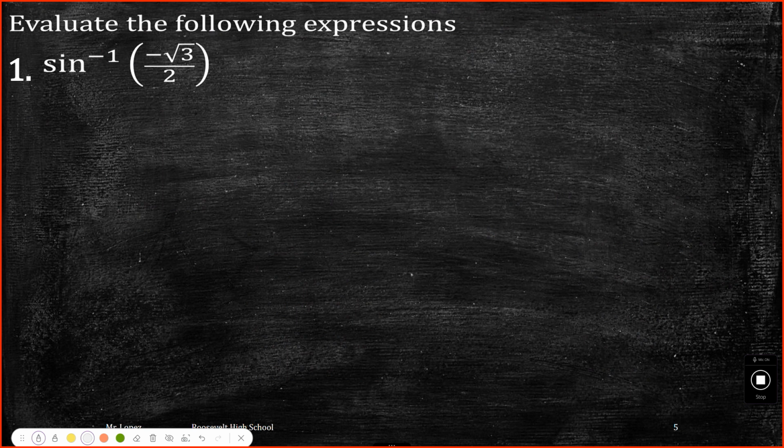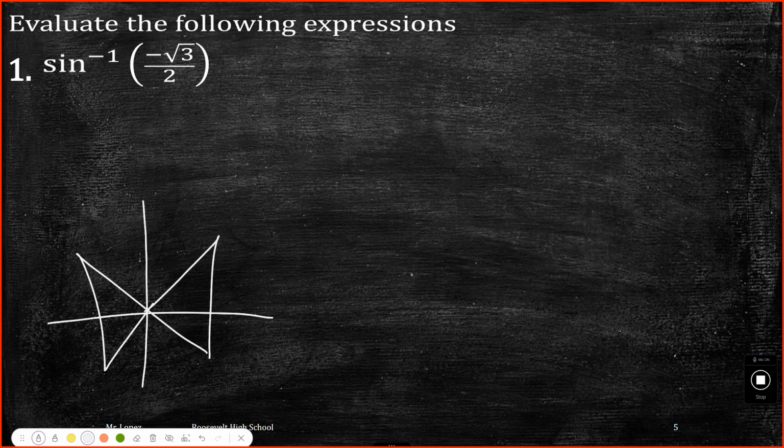The way you do this easily is by drawing a bow tie. Just draw a bow tie, whatever, some bow tie. Solutions for sine are going to be found where?